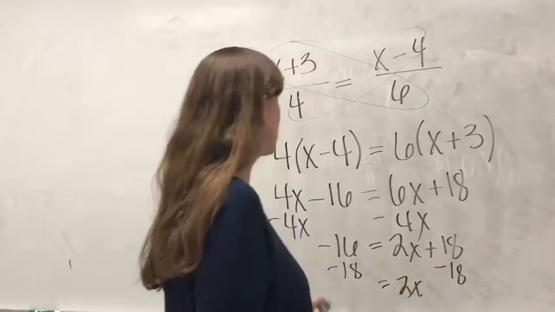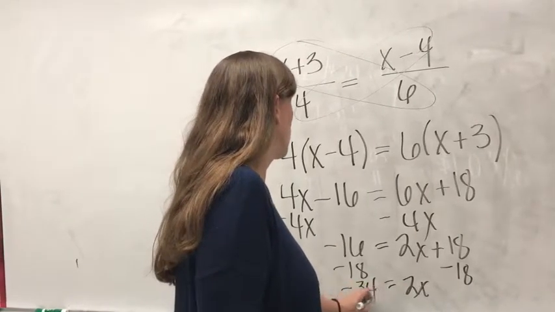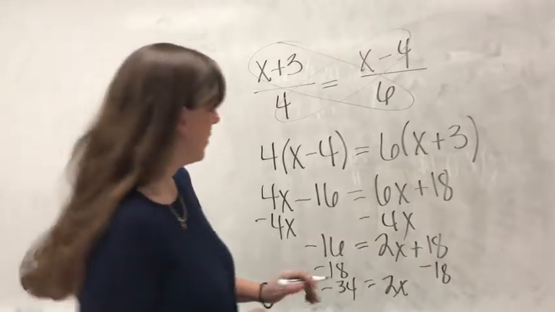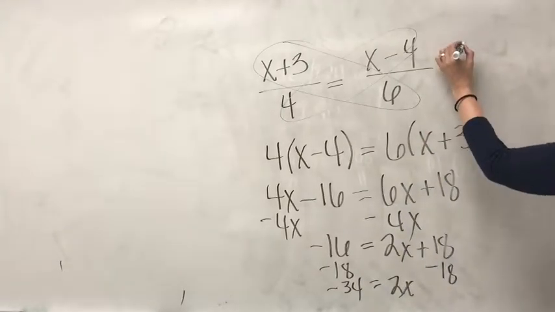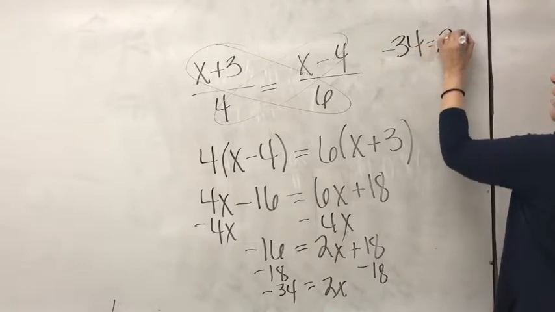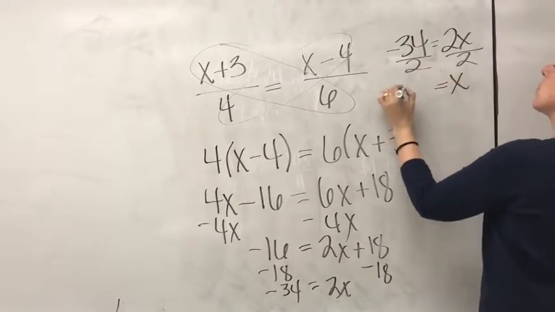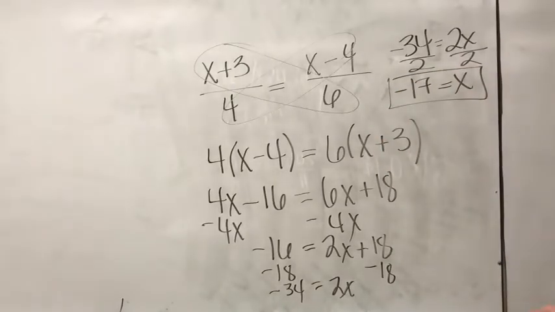I'm going to get 2x equals negative 34. And then I'm going to solve for x. Negative 34 equals 2x. Divide both sides by 2. X equals negative 17. Okay?